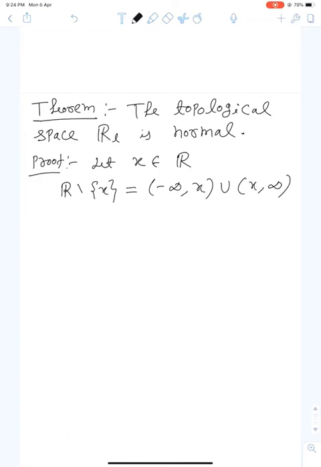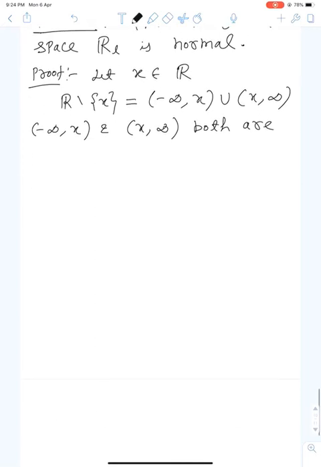And both are open sets in R_L, because (minus infinity, x) and (x, infinity) are both open in the lower limit topology.